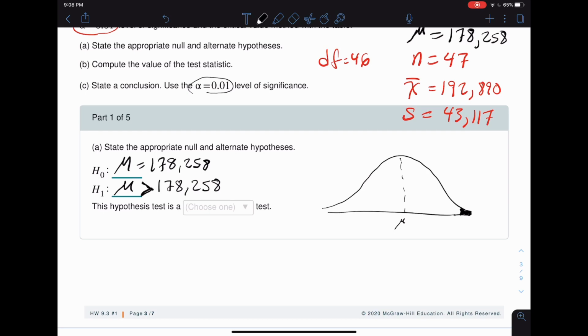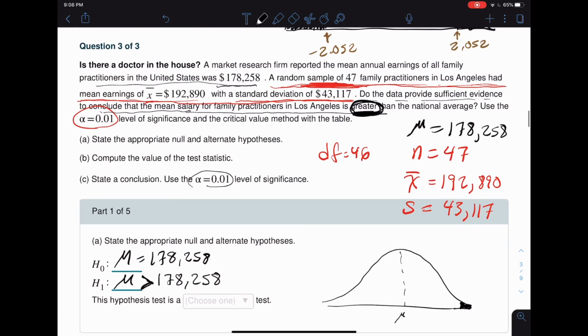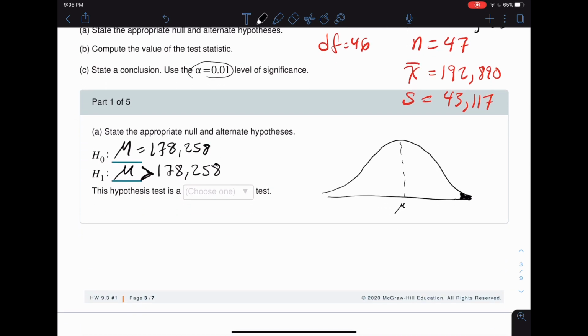So let's see, what way did they want us to do this? Use the alpha of 0.01 level of significance and the critical value method using the table. Okay, we need to find a critical value. So this little alpha here is 0.01, right?